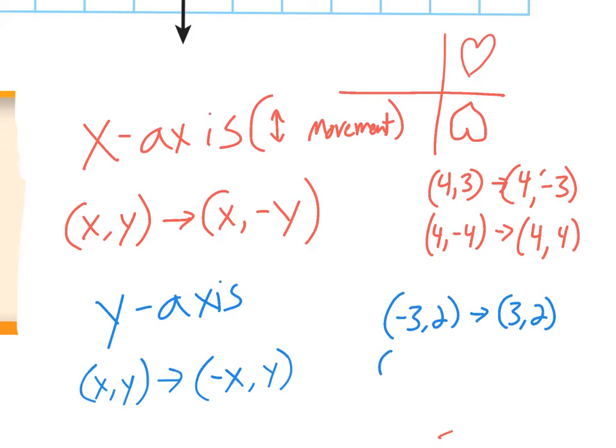If I had 5, 1, this becomes negative 5 and 1. So a little bit tougher. Again, you'll see me do this a lot. We're flipping over the y-axis. I'll use my hand and I'll show you. My hand right now is moving left and right. Left and right means that my x has to change. Reflection means we're going to flip a sign. Okay, so that's the algebraic rules for reflection.